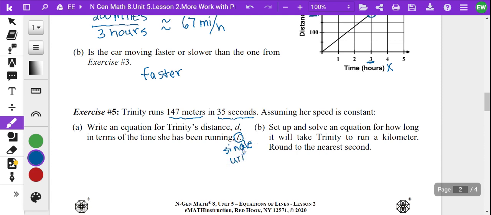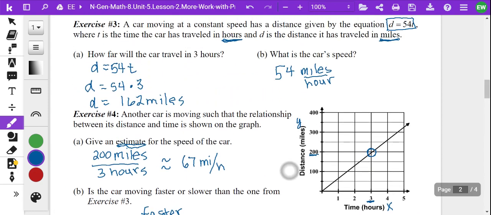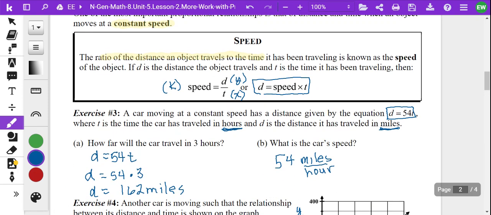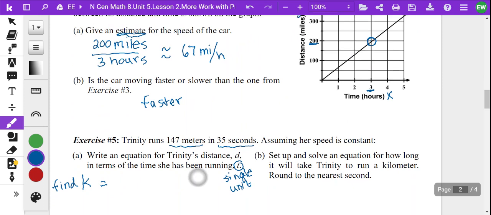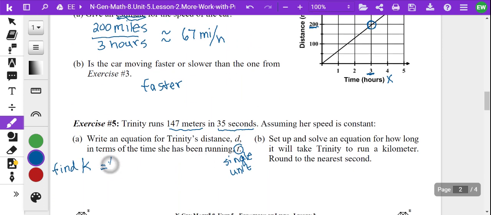So what we need to find is the k. So k, or our speed, is going to be d over t. So the distance is 147 meters in 35 seconds.